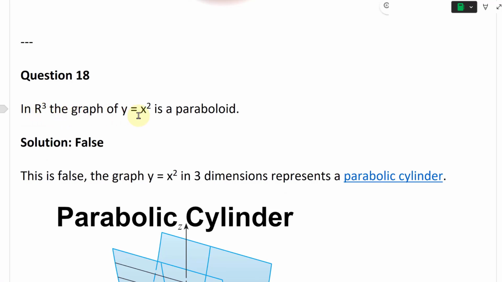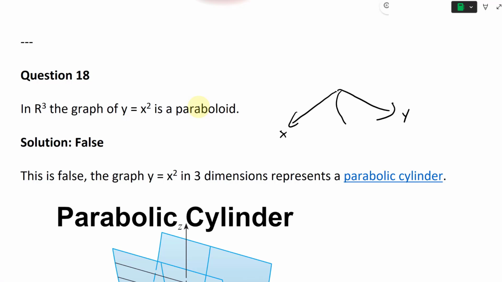In R3, the graph of y equals x squared is a paraboloid. So in 3 dimensions, is y equals x squared a paraboloid? This is not a paraboloid. If you draw it with the x and y components, where this is the x and this is the y, you're going to have a parabola that opens up like this.